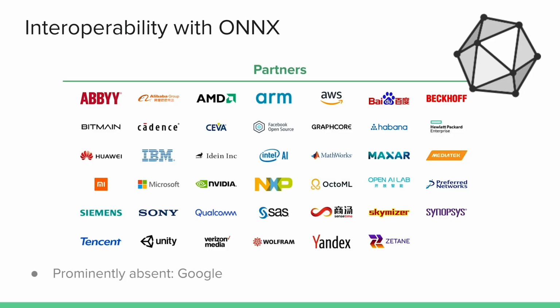There are many partners and organizations that are actively supporting this ONNX project. Again, I think most of the major players you can find here. I think one of the most interesting things is that Google is quite prominently absent from this list.